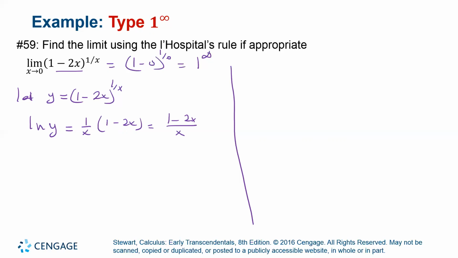All right. So then we are finding the limit. We want to see the limit as x goes to 0 of the natural log of y, which is the limit as x goes to 0 of the natural log of 1 minus 2x over x.